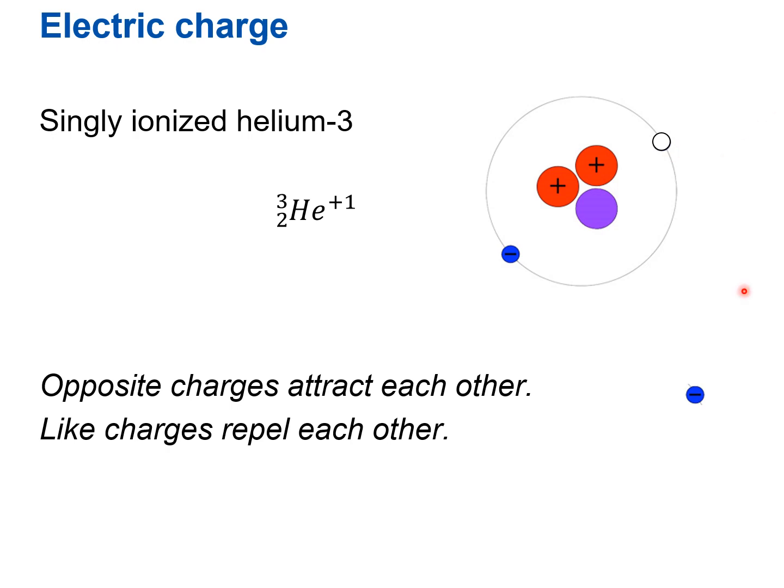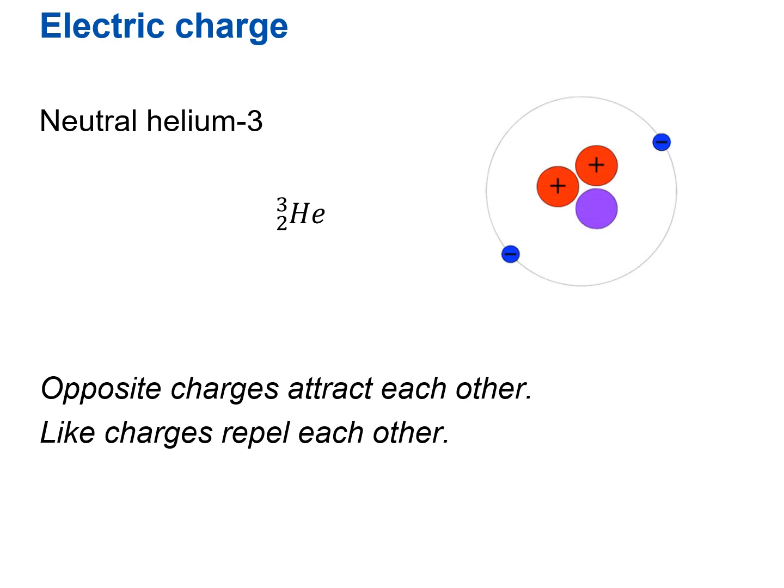Now, since it has a charge of +1, it's attractive to another stray electron that you can see down there to the right, which has a negative charge. And so if there happens to be a stray electron in the vicinity, and there probably will be, it will join to that helium-3 nucleus. And so there it is. So now it is a neutral helium-3 atom.